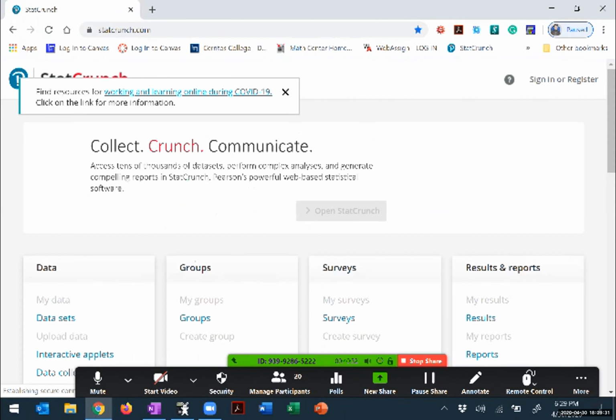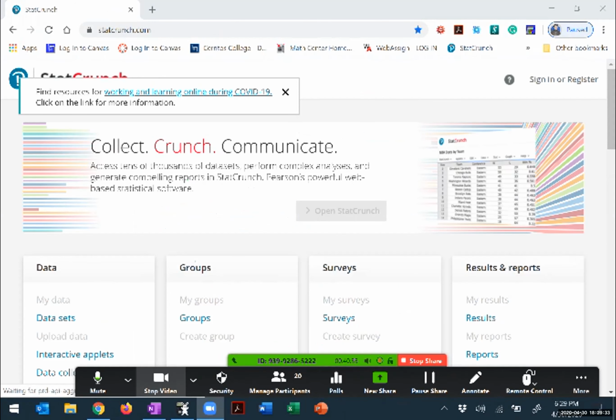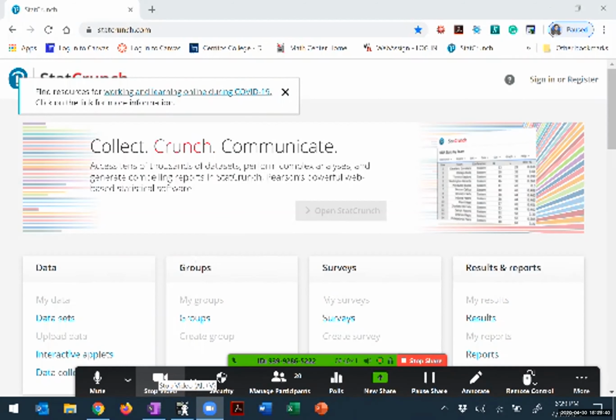So let's see how we do a 2-sample T interval in StatCrunch. This is taking forever to load. It always does.